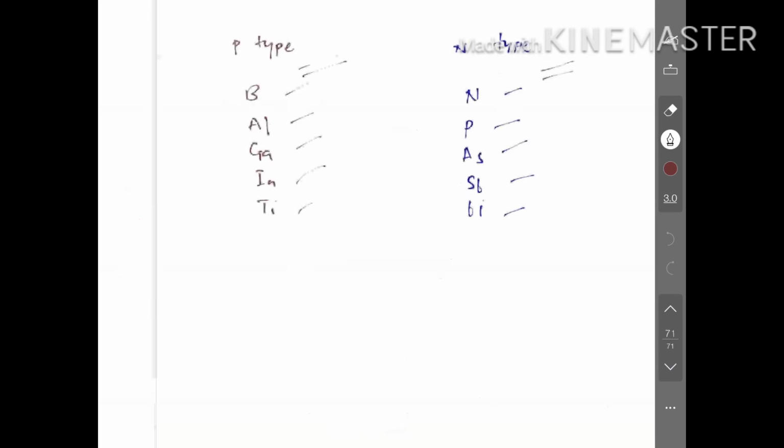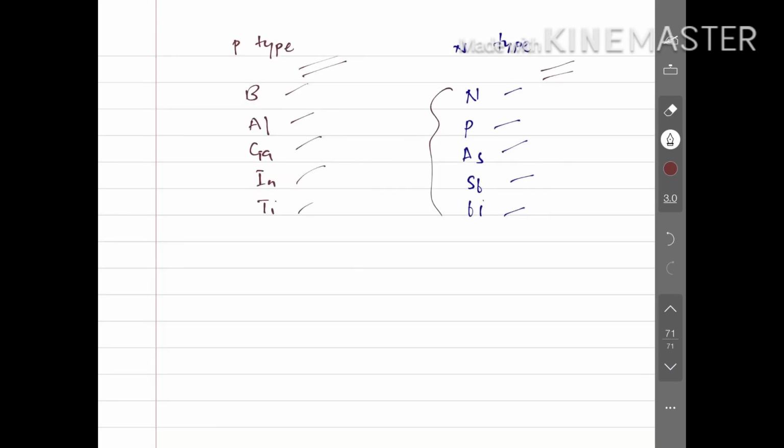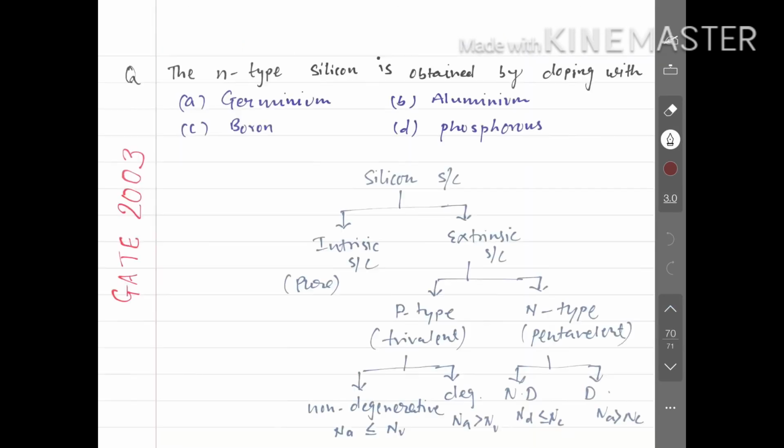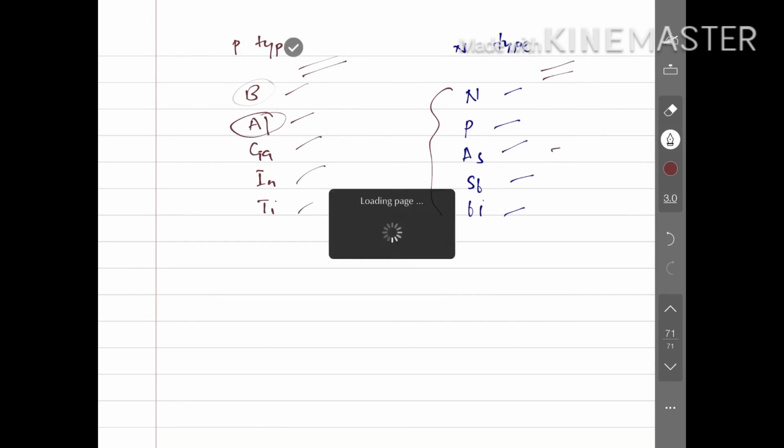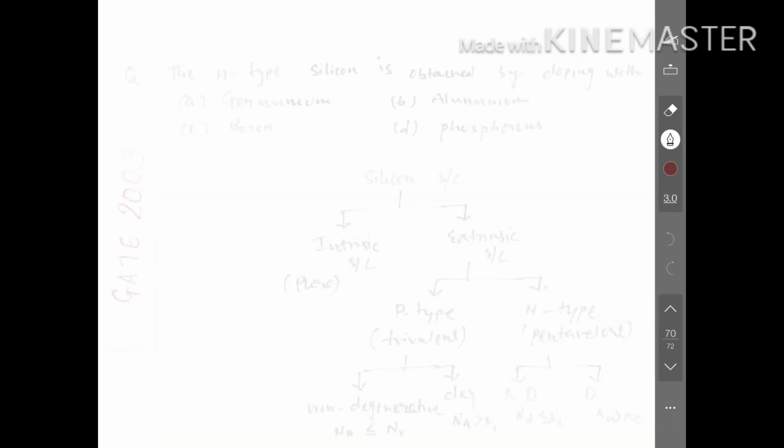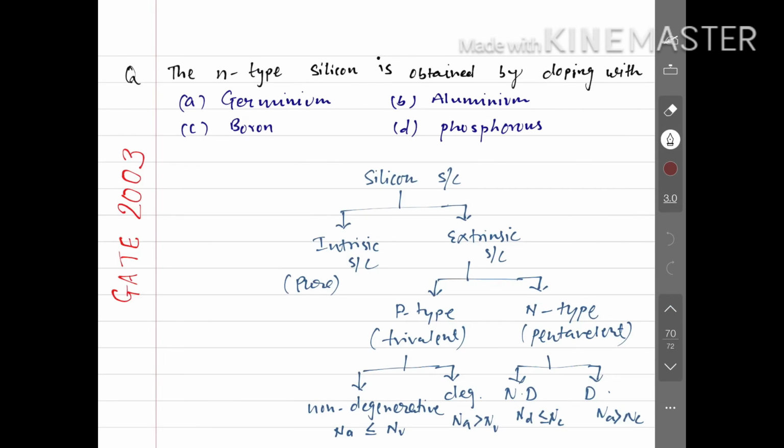Let me check whether these are in the n-type list. Germanium is not there, aluminum is actually in the p-type list, and boron is also there for the p-type material. So germanium, aluminum, and boron are all not for n-type material.